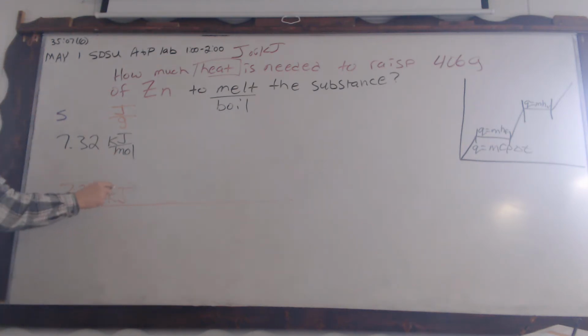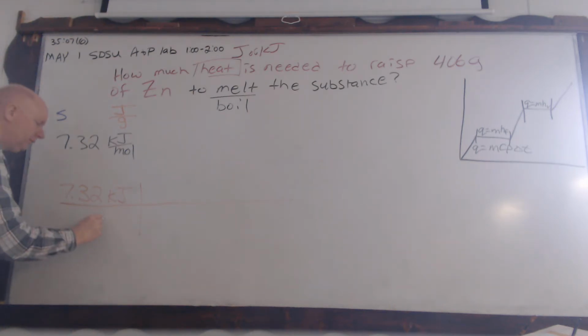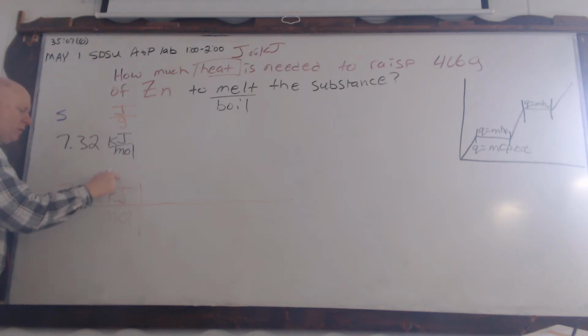So do you want to get rid of the mole or the kilojoule first? It doesn't matter. So here's your kilojoules per mole. You said you want to get rid of the mole. That's fine.